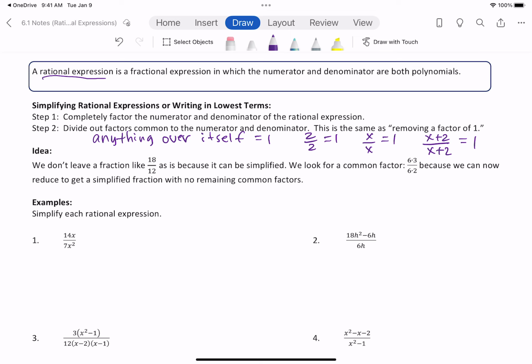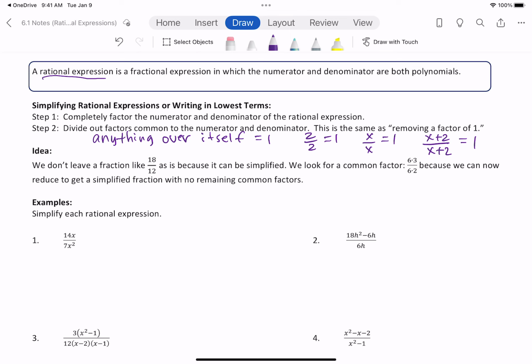So the idea for simplifying these rational expressions is, if we look at a simpler thing like just a fraction, 18 over 12, we don't leave the answer as 18 over 12 because it can still be simplified. There is a common factor to the numerator and denominator.